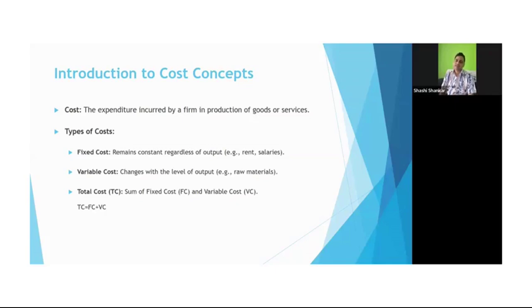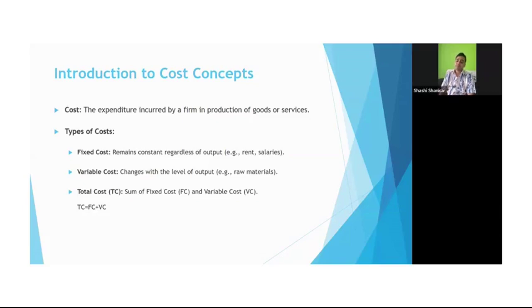Similarly, the salary: if the company has 5 employees and pays about 1 lakh per month, even though the output is 5 units or 500 units, the salary would be the same. That kind of expenditure is known as fixed cost.